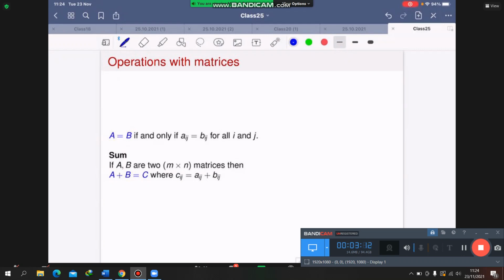We can also easily define the sum of two matrices. In which way? Well, the entries of the sum of two matrices are the sum of the respective entries of the two matrices. But be careful.